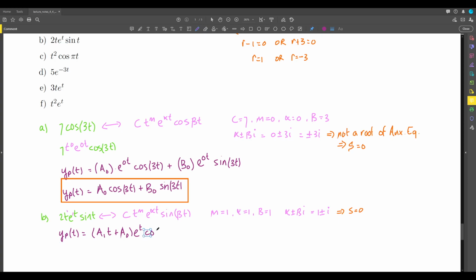And then cosine of beta t, so that's cosine t. That's our first part here. And then the second part is a polynomial in t again, but with different coefficients b1 and b naught, and then e to the power t sine of t.